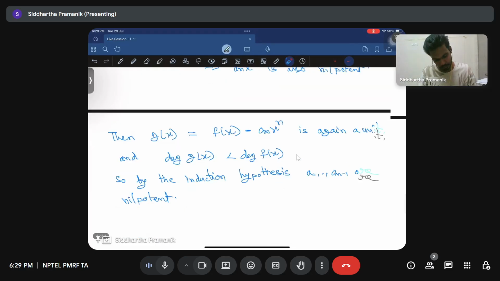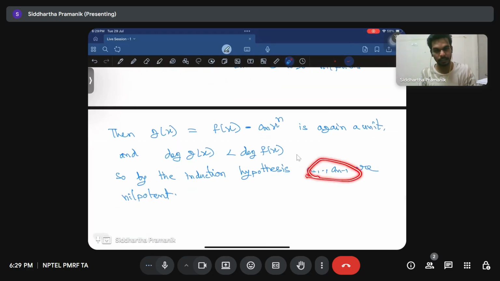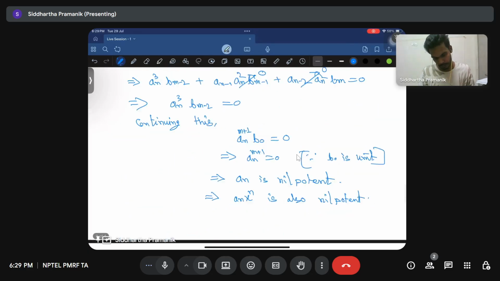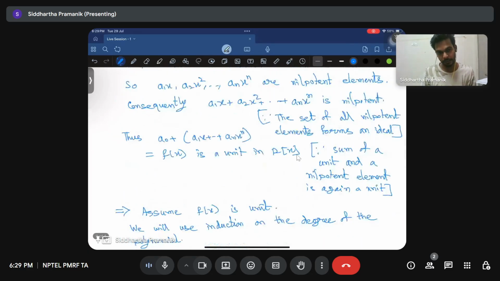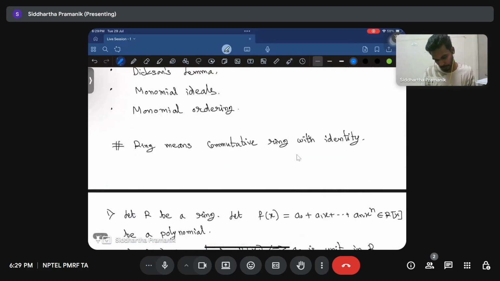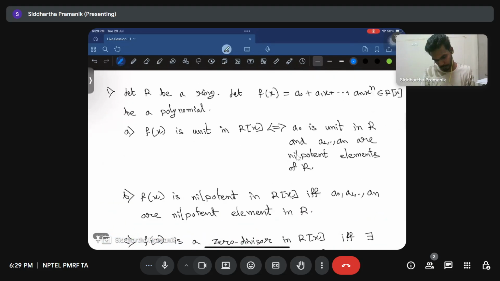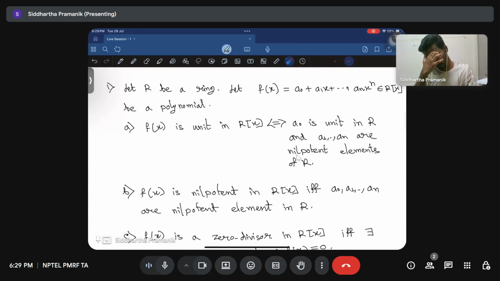Now by the induction hypothesis, the other coefficients except the constant term are nilpotent. So we are done. So the first part is clear, I think. So this one is clear.